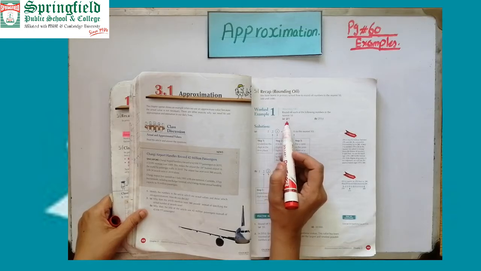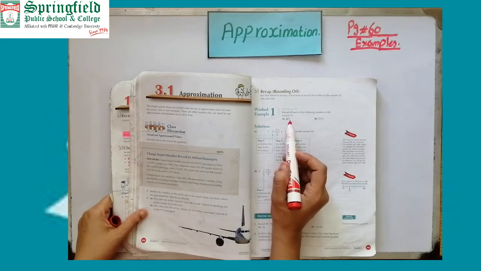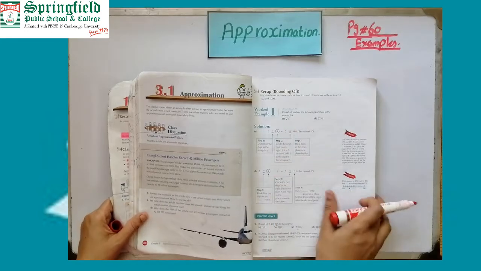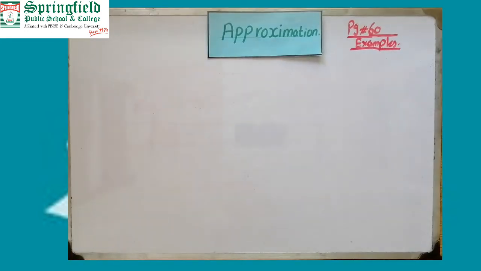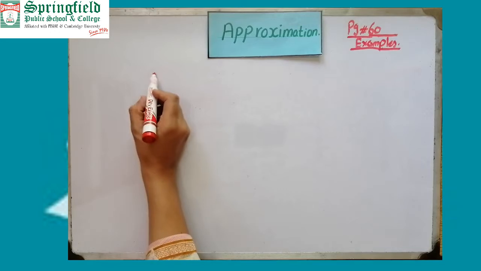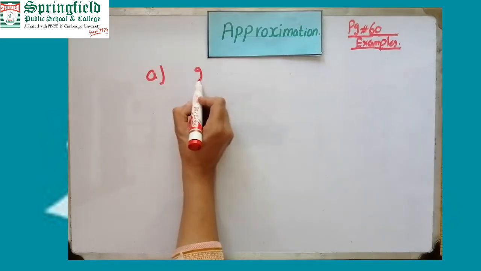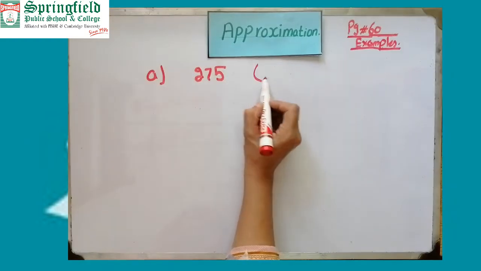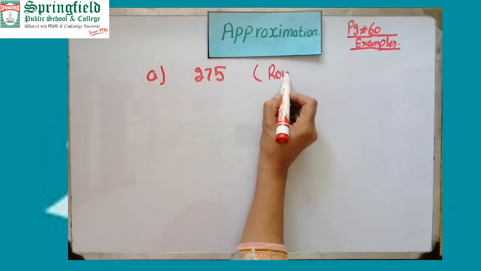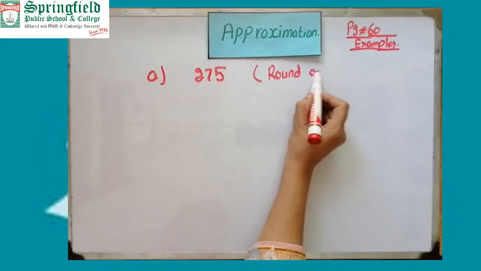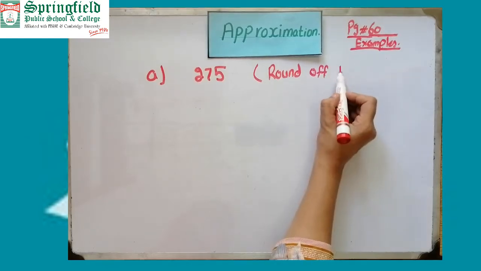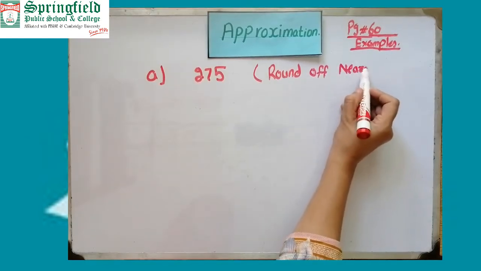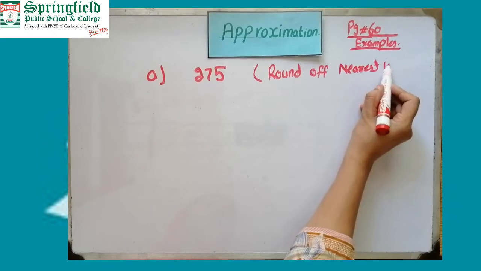So a number is 275, and they are saying round off this number to the nearest 10. How can we do this type of question?